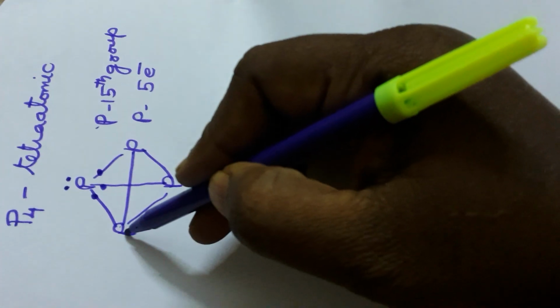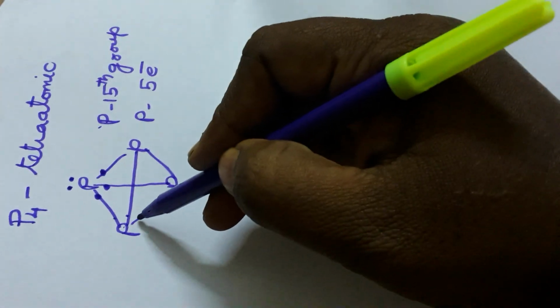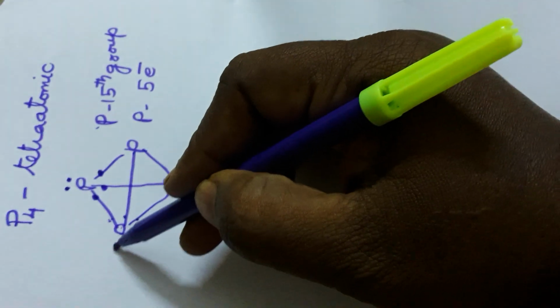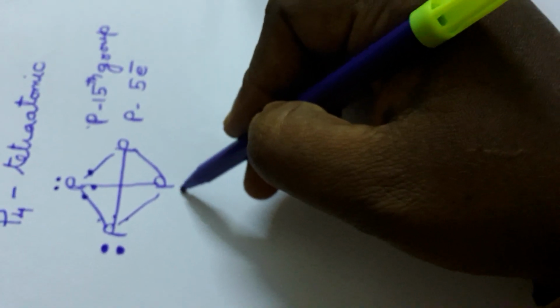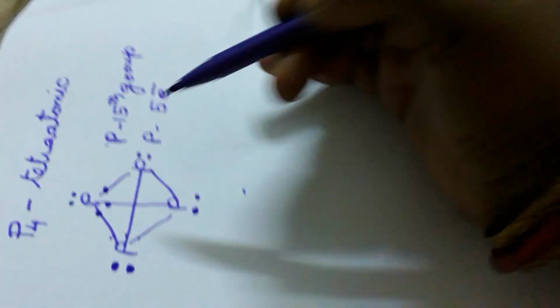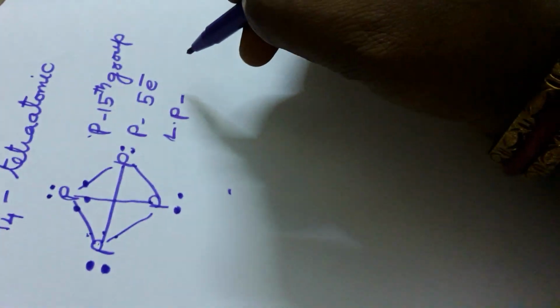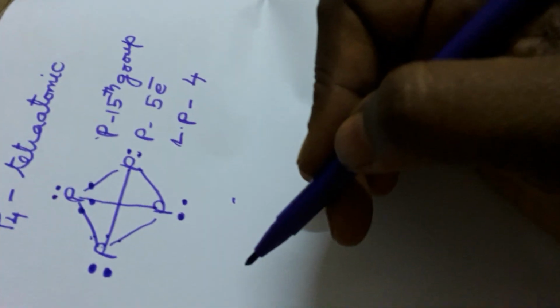Similarly, for this phosphorus also, out of 5 electrons, 3 electrons are used for covalent bond formation. The remaining 2 electrons form a lone pair. Similarly, each phosphorus atom has 1 lone pair. So the total lone pairs of electrons present on P4 is 4 lone pairs.